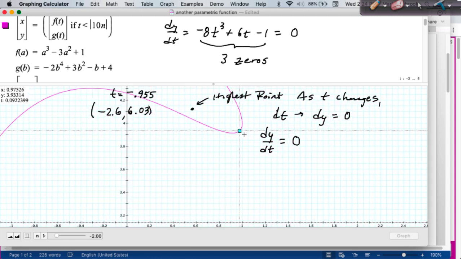So right here on the bottom of the nose of this thing, there's another place where for a change in t, y doesn't change, right? You're going horizontally. And then still, last one. I think it's right there. So there's another place right there where for a change in t, y doesn't change, so your dy dt is 0. So the three t values that you get would give you those 3 points.